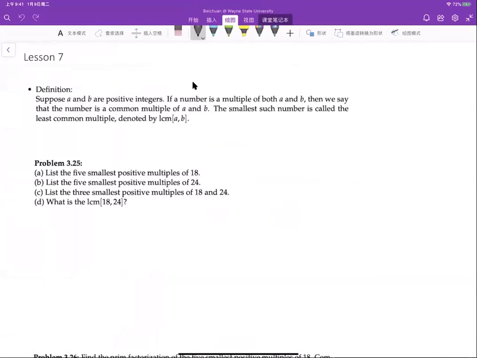All right, so the first concept in this class is called the least common multiples.